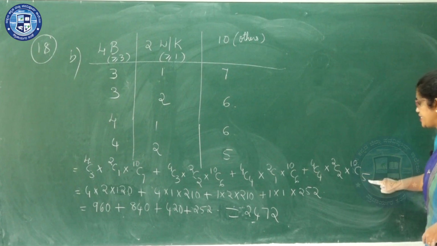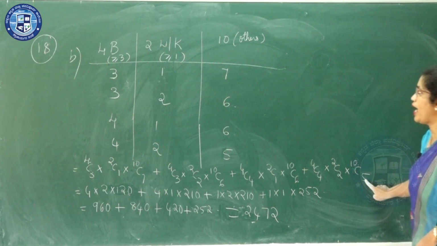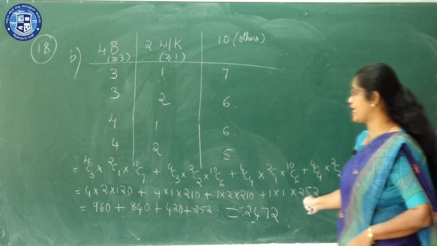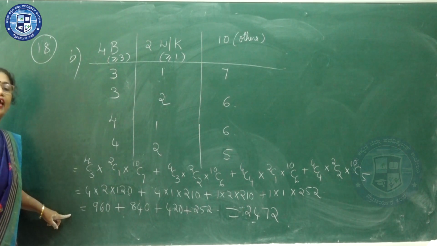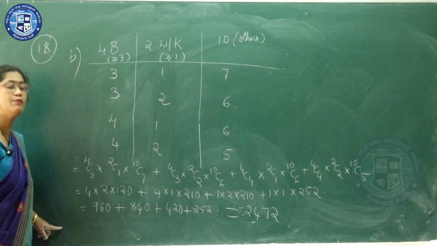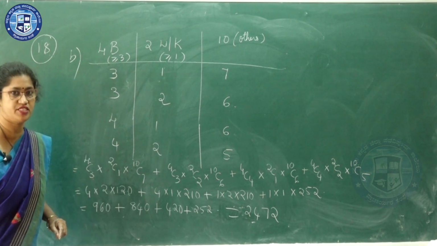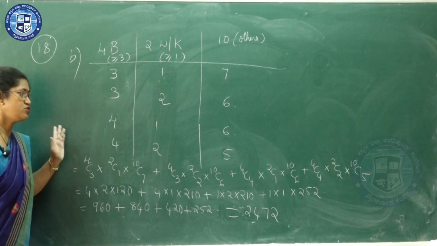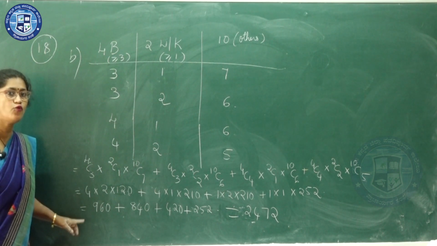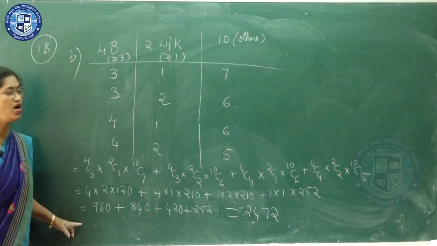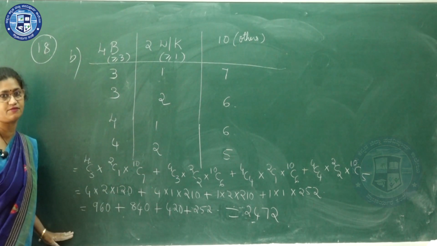Or come to the case in the fourth row, you have to choose 4, 2 and 5. Do the calculations, you will get these values, and the final answer will be equal to 2472. The total number of selections will be equal to 2472 after you add all the 4 cases and get the final answer.